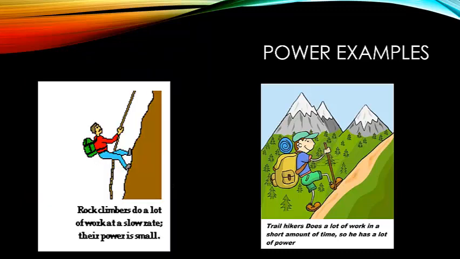So, between these two pictures, the rock climber has less power than the trail hiker, because even though they have the same amount of work, the rock climber is taking a longer time to do it.